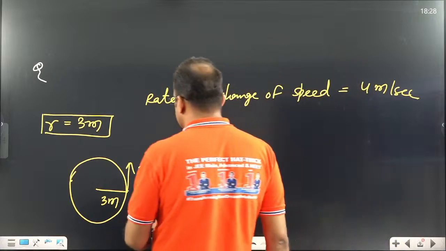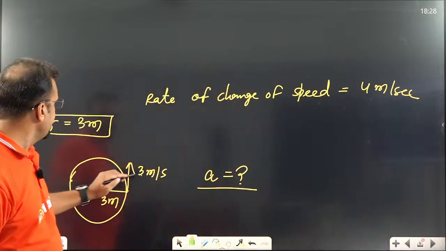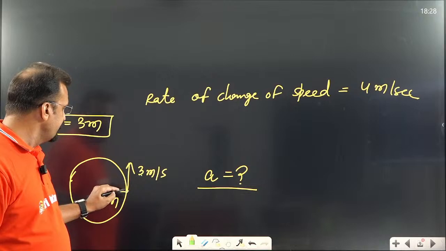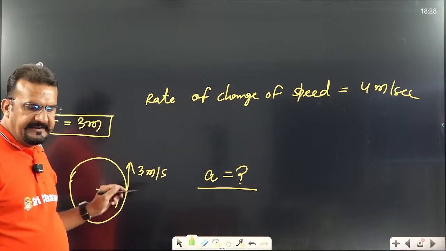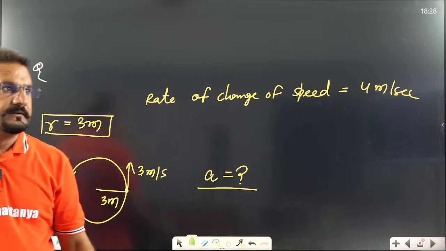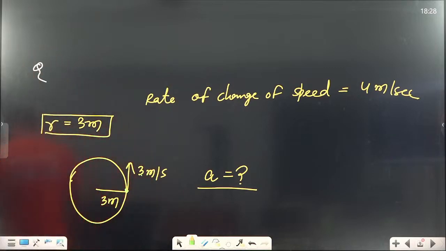I think the question is clear. What is given? 3 meter per second is the velocity at this point. Rate of change of speed is given to you. Radius is given as 3 meter. Now you solve that. What is the right answer?